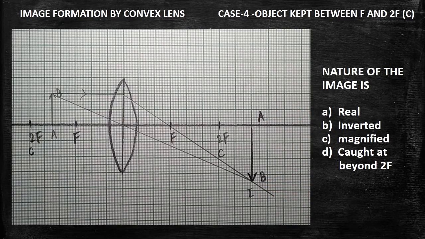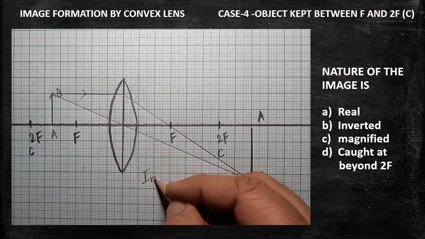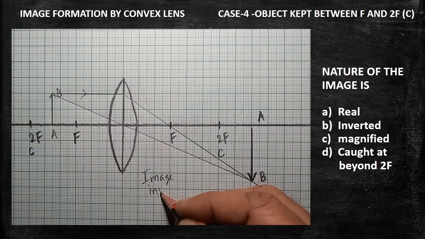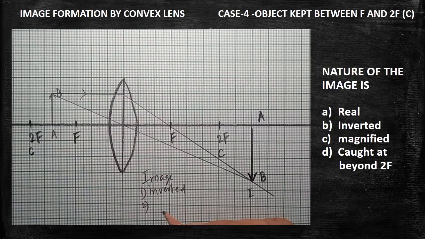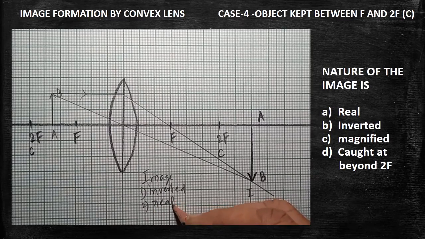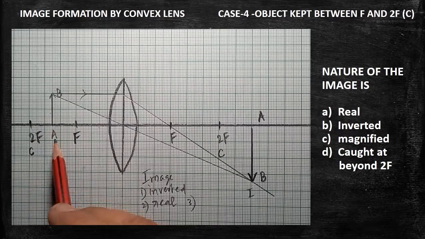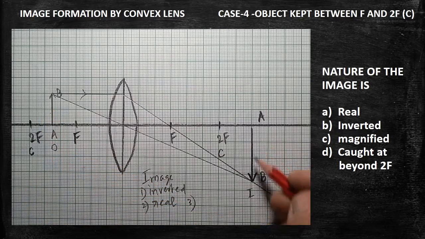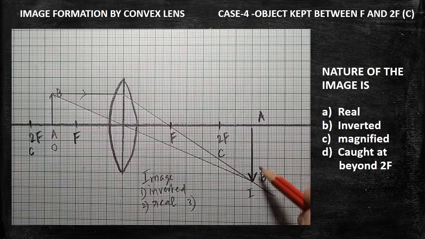Now I am going to describe how the image is. The nature of the image will be inverted, and it can be caught on the screen, therefore it is real. Compare the object size AB with the image: the image height is increased.